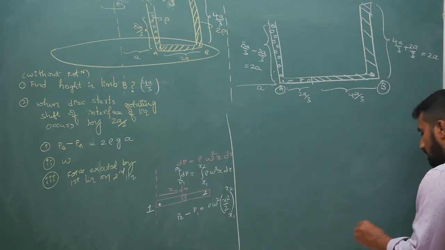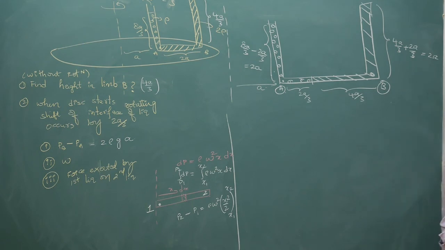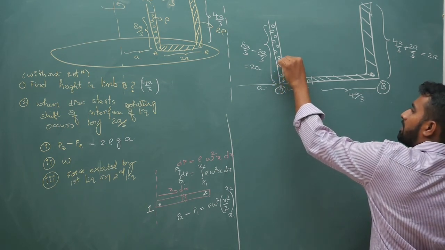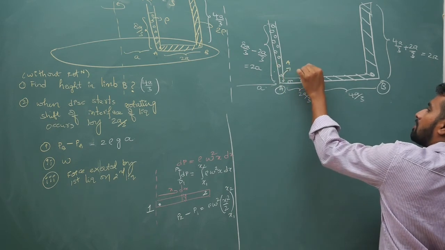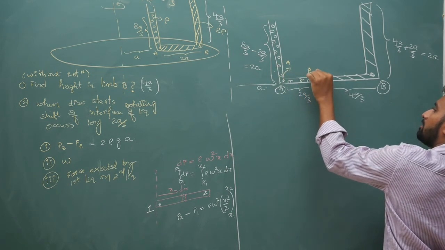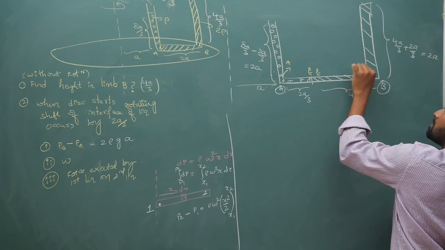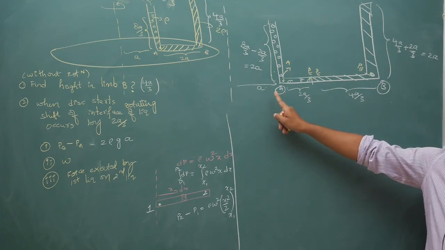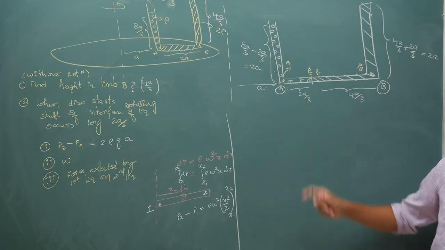Now observe carefully. If I take these 2 points, point A and the common pressure P common, and PB, I can write this. x1 is a for this part, x2 is a plus 2a by 3, that is 5a by 3.